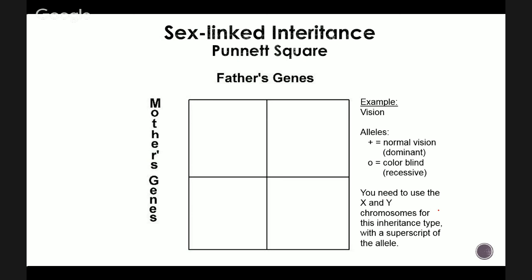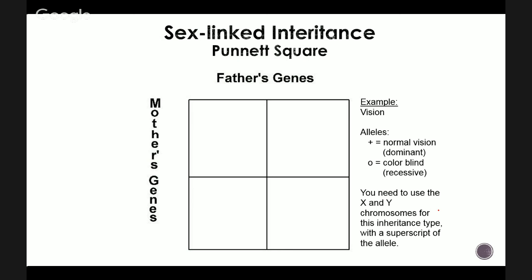So if you want to put together another Punnett square, let's do what we call sex-linked inheritance. I'll walk you through this because this one's a little bit different than the ones we had done before. We have to use X and Y chromosomes because we're talking about sex-linked inheritance. When you are doing these problems, you have to know what kind of inheritance pattern you're working with. If you don't know, it's hard to set up the Punnett square and do it correctly.